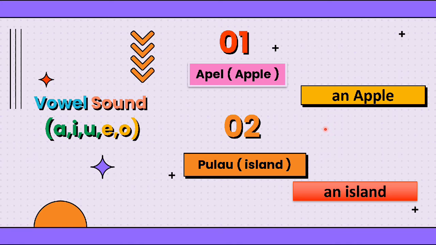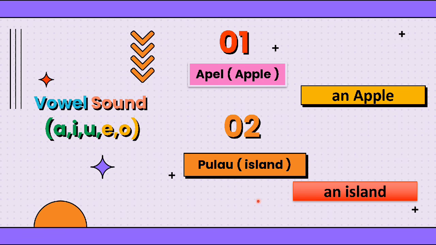Apple starts with the letter A, which means it is a vowel sound, because A is included in the scope of vowel sounds, namely A, I, U, E, O. For the next example, take pulau. In English, pulau is island.